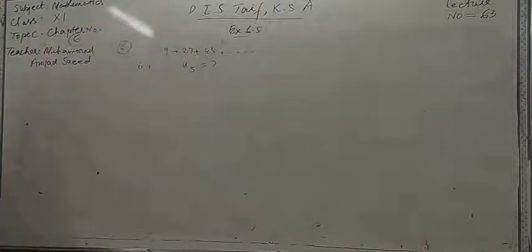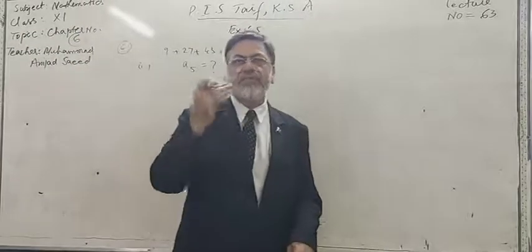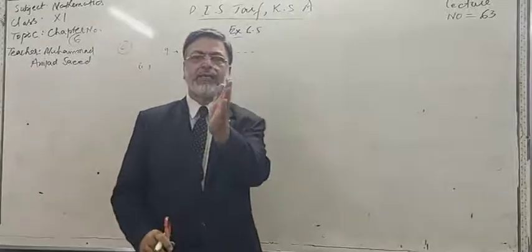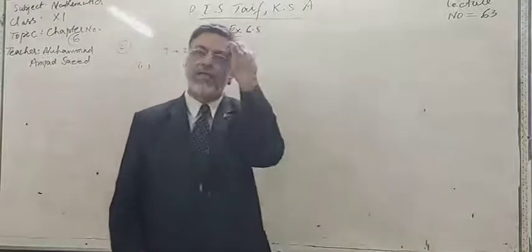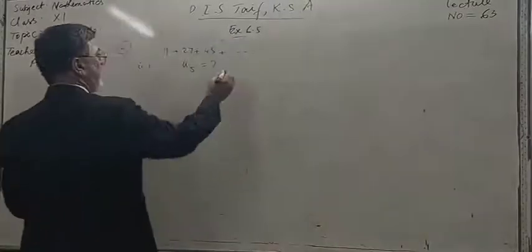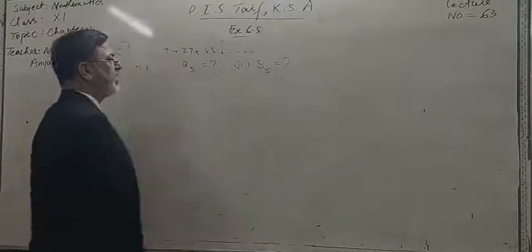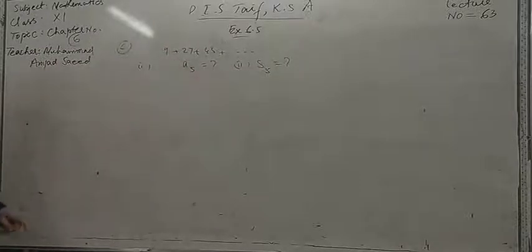And next is how far will it fall up to the fifth second, meaning from the first second, second second, third second, fourth second, and fifth second. From all the 5 seconds, what was the total distance covered? So that's why in the second part we have S5. In the first part only the fifth term, and this is the sum of 5 terms.